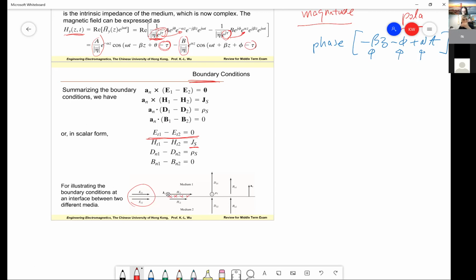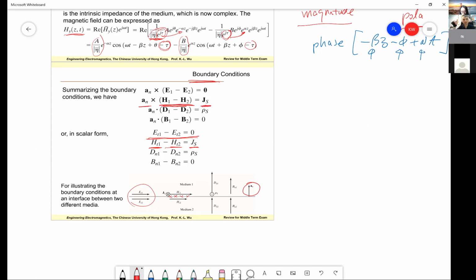The difference between the tangential magnetic field in medium 1 and in medium 2 equals the current. The vector relation is the normal vector of the surface, pointing from medium 2 to medium 1, cross multiplied with the tangential field difference, equals the current.